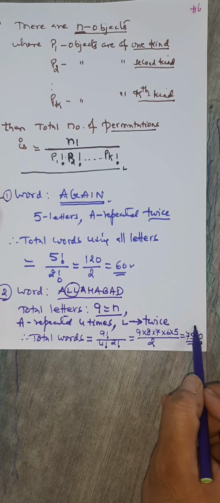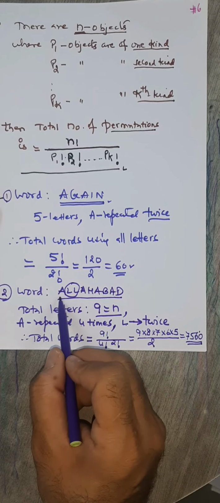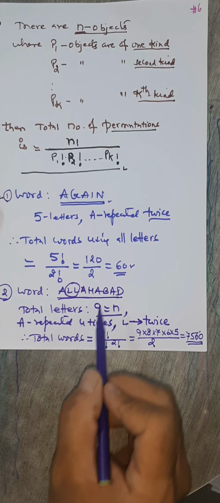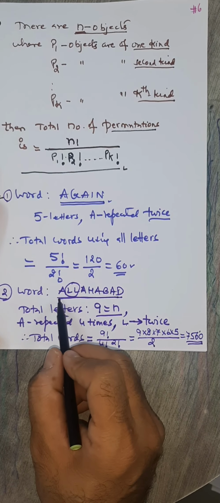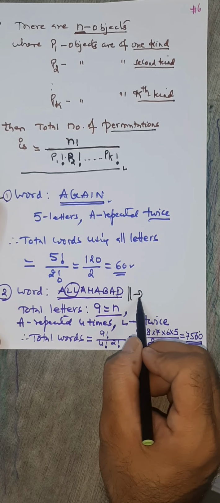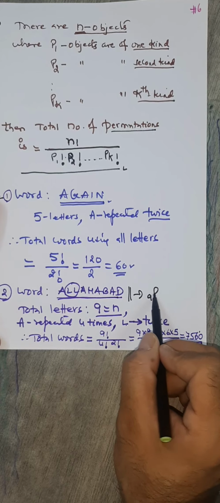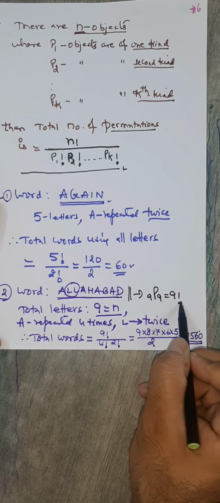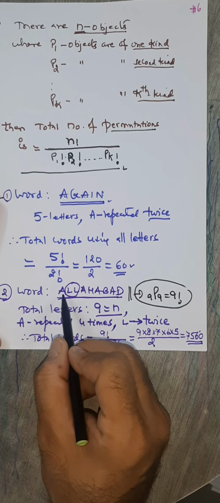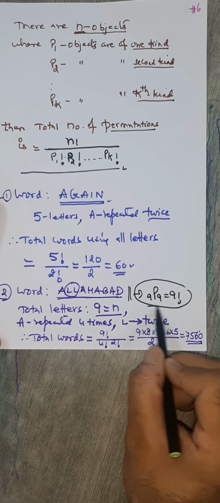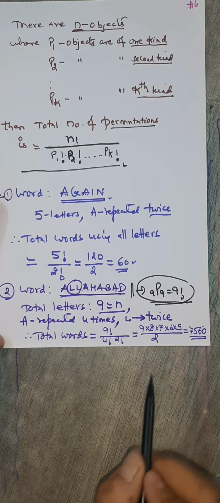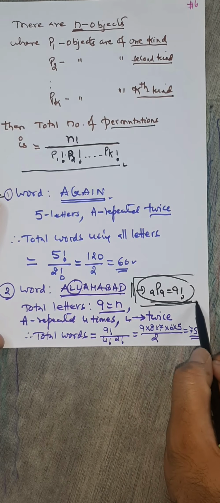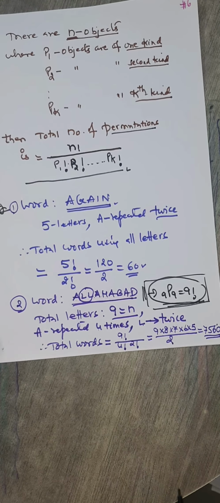This many words can be formed using the letters of the word Allahabad, where you have some repeated objects. If all were different, then the answer would be 9P9. Remember 9P9, that's 9 factorial, as we discussed earlier. If not a single letter is repeated, the straightforward direct answer is 9P9. Remember, but here there is repetition, that's why the concept is applied. I hope you are clear with this now.